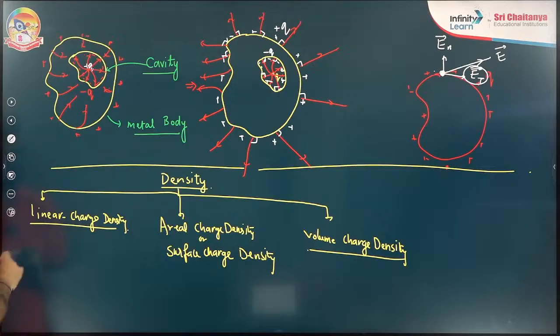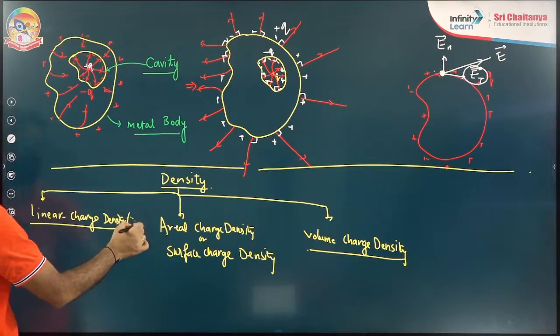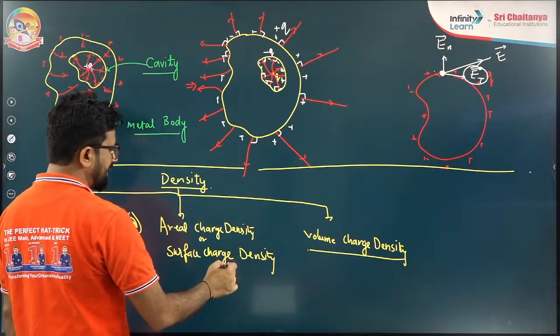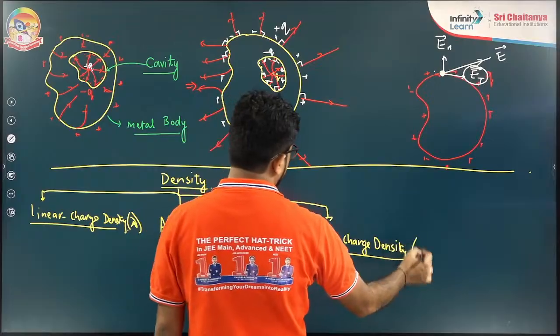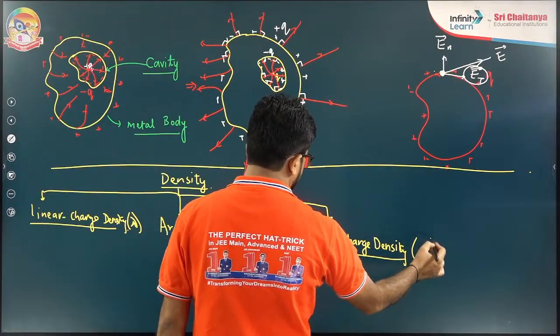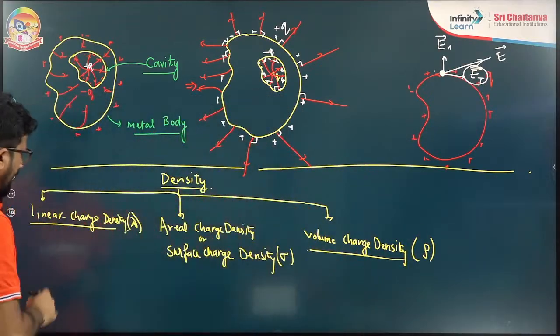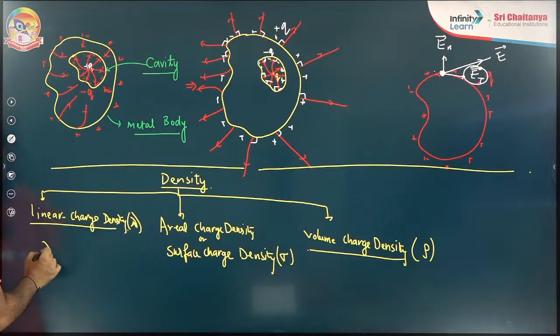Linear charge density is generally denoted by lambda. Surface charge density is generally denoted by sigma. Volume charge density is denoted by rho. Lambda is charge divided by the length of the conductor.